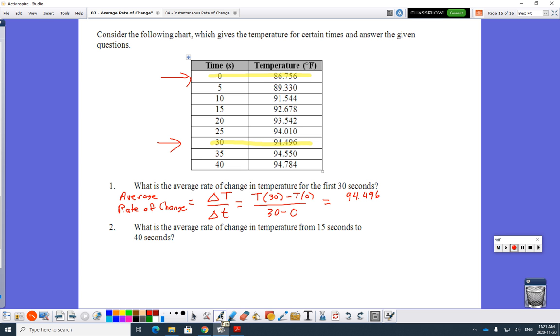Like, the y2 minus y1 in grade 9 was just like, well, we don't know what you're going to be talking about. We don't know if it's going to be temperature or height or money or profit, so we'll just call it y, okay? And so now you actually have them. So this is y2, in this case T30, minus y1, the temperature at time 0, 86.756, all over 30 minus 0.